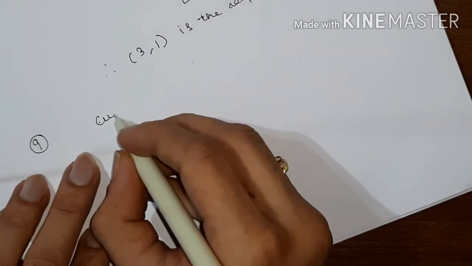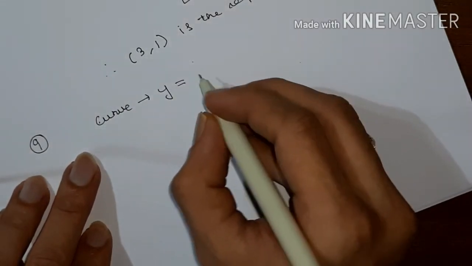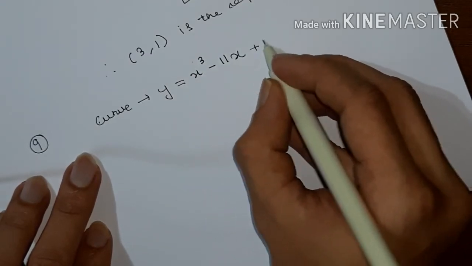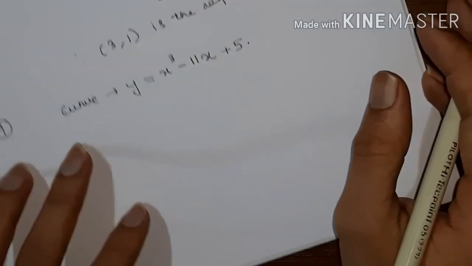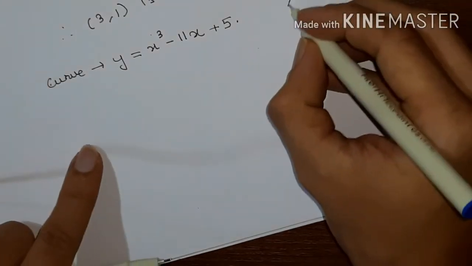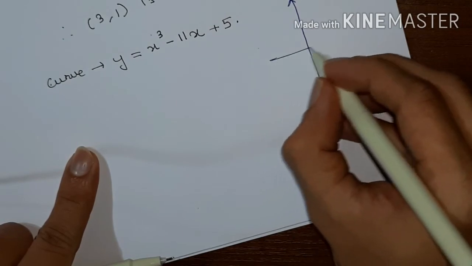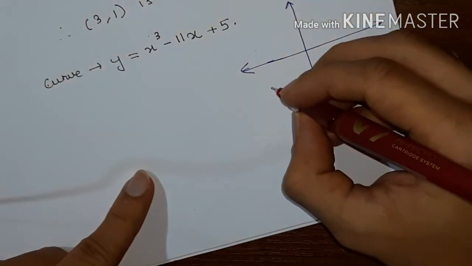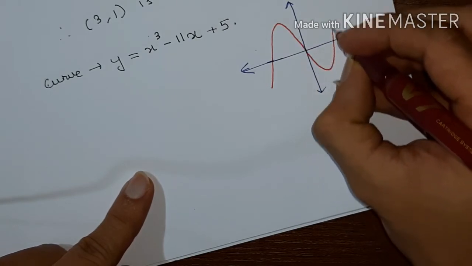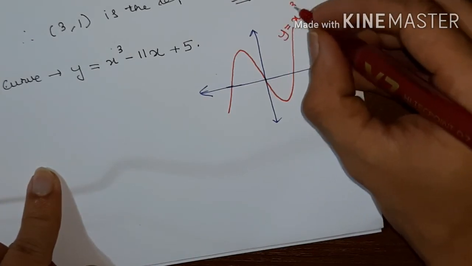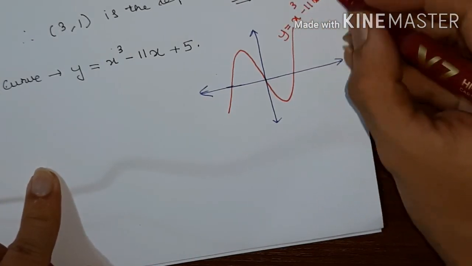So you are given the curve as y equal to x cube minus 11x plus 5. Now suppose you look at the graph, you will have the graph of this function as something like this. This is the curve y equal to x cube minus 11x plus 5.